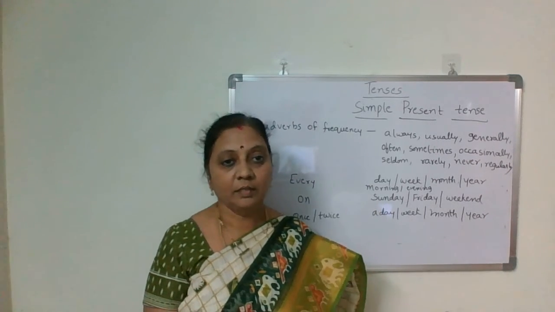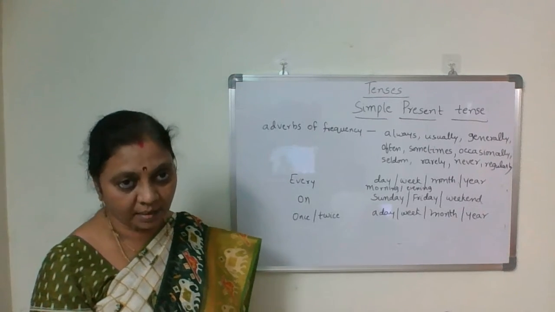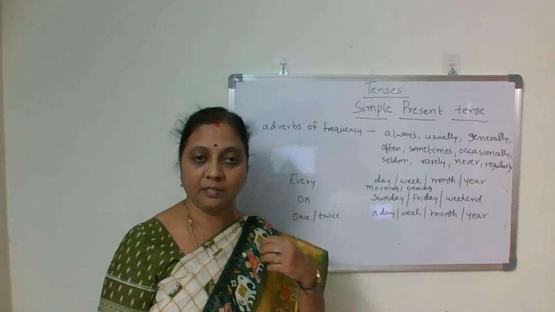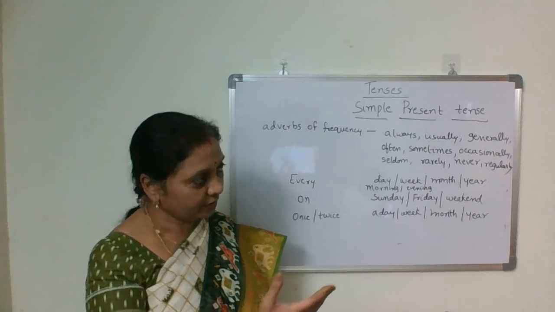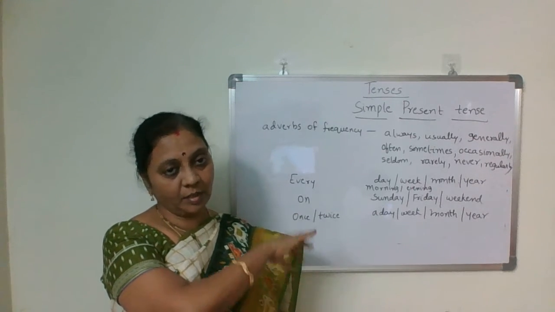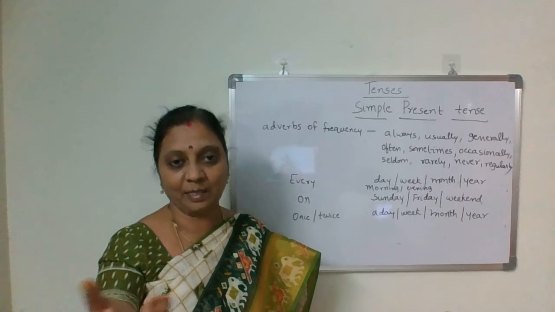Okay, then once again I repeat, let us recollect what we have learned today. First, what is tense? Tense talks about time of action, isn't it? That action that takes place in the present, or that took place in the past, or that will take place in the future.